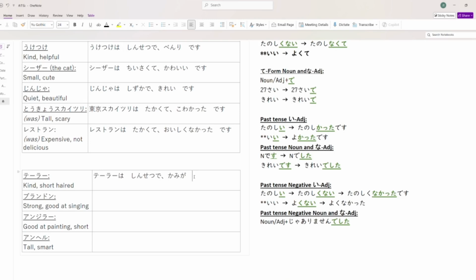What is this word? Mijikai. Mijikai. Yep, mijikai. I've not used this a lot, I don't think. I think it's shown up, but not often.